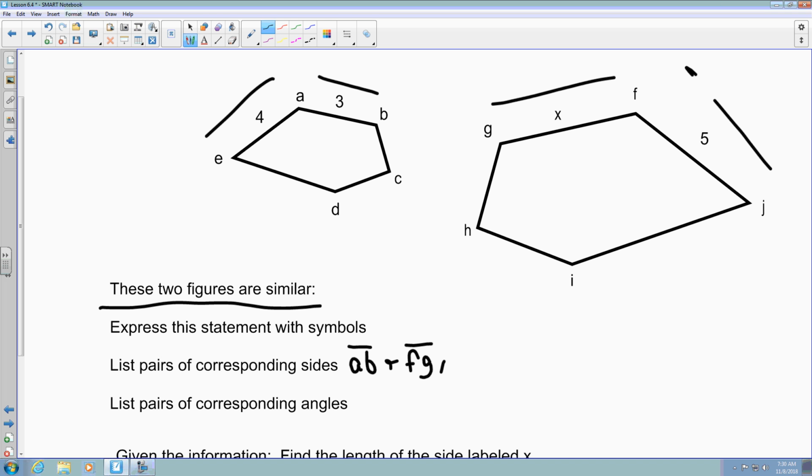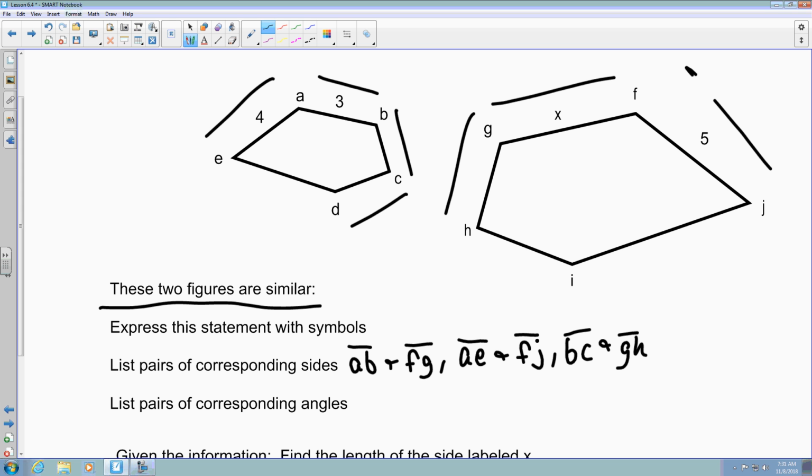So I can say that AE and FJ are corresponding sides. I can go here and here. So BC, line segment BC, and the line segment GH, corresponding sides. I can go here and here. CD, line segment, and HI are corresponding sides.